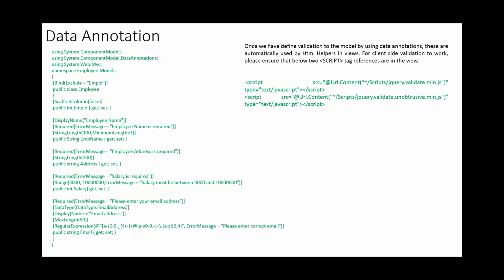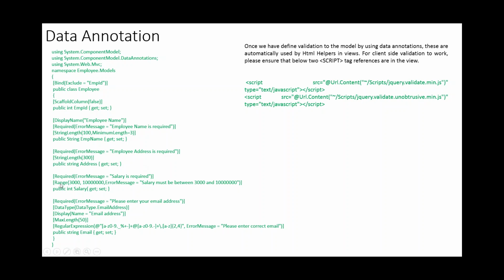Then EmployeeName: the display name is the full name you are going to display, and the error message is "Employee name is required", with StringLength 100 and minimum length 3. So the maximum length is 100 and the minimum length should be 3. Like this, you can define many validations.